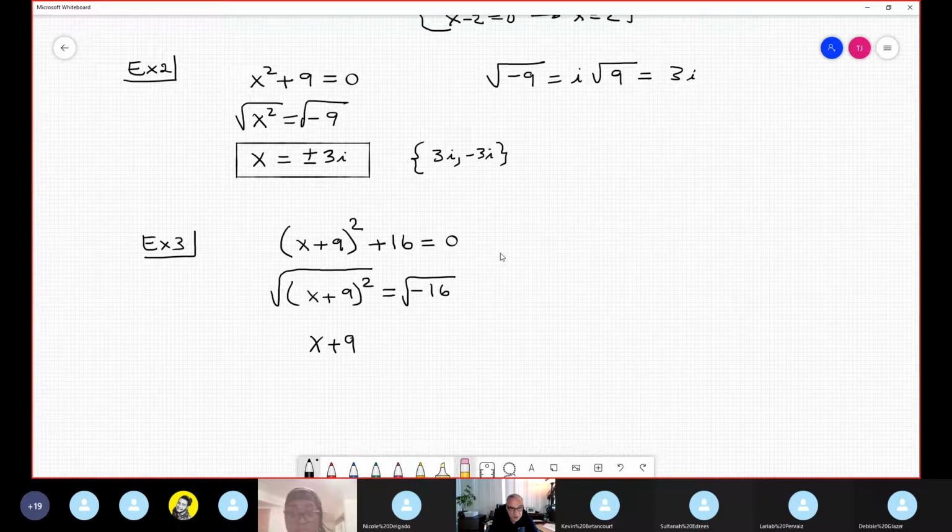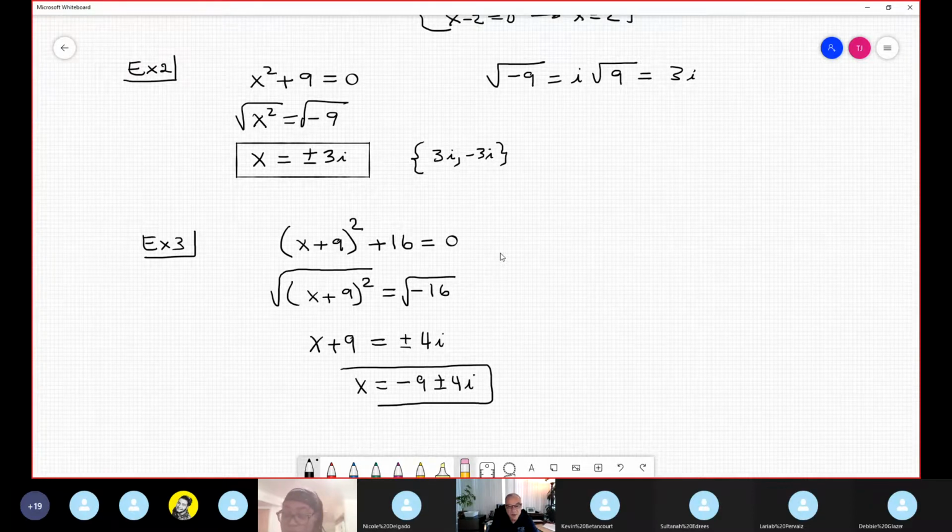So I copy this without square root, without square power, and here is an i, because it's negative, no? And plus or minus. Finally, for x, I move 9 to the right-hand side as a minus 9, plus or minus 4i. Wow, this is the answer. It's a complex number.